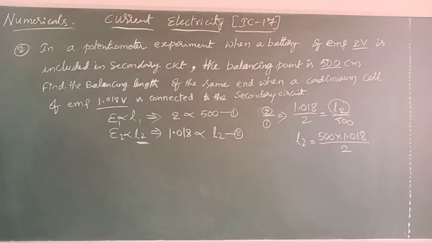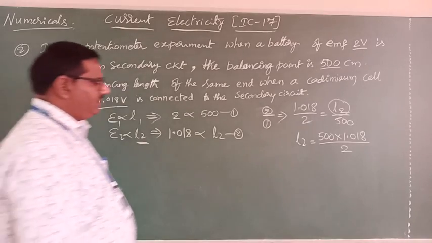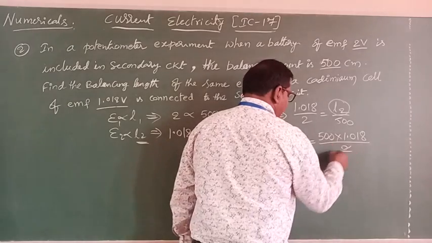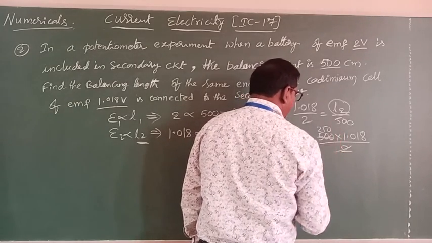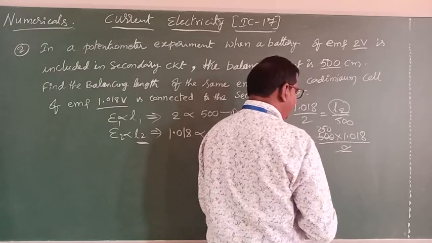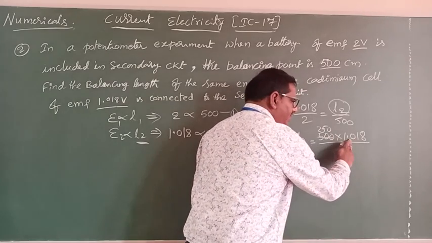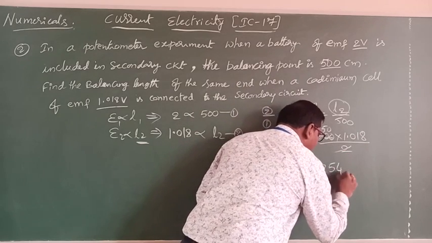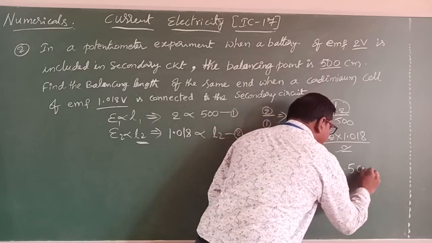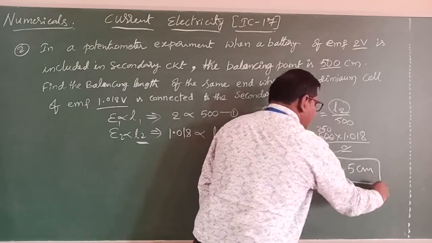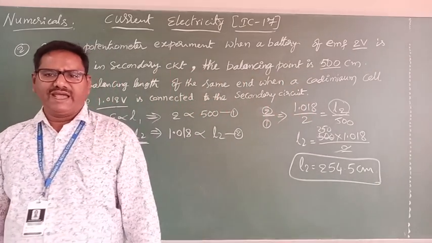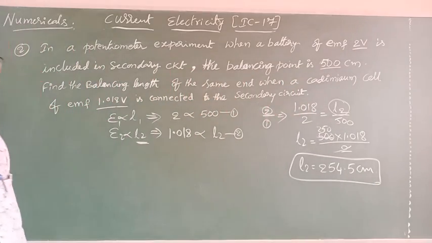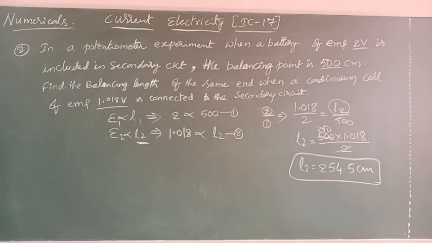If you multiply these, it becomes 250 into 1.018. Then L2 is approximately 254.5 centimeters. The new balancing length of the cadmium cell is 254.5 centimeter.